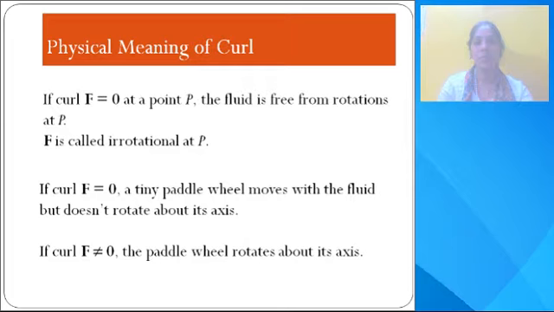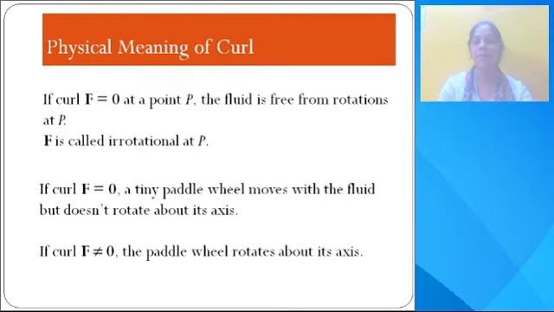So come to the main thing, that means the physical meaning of curl. If curl f is equal to 0 at a point P, the fluid is free from rotation at P. f is called irrotational at P if curl f is equal to 0.